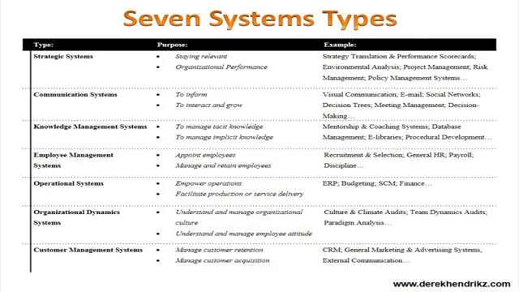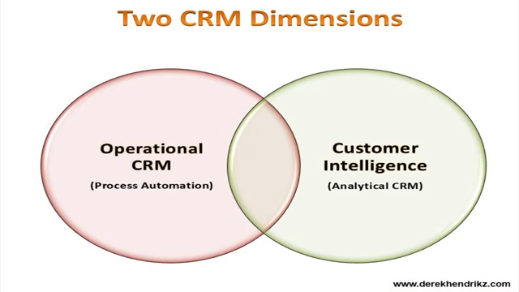So now that you see where CRM fits into the bigger picture of the organization, now we can go and look specifically at what a CRM system should entail. A CRM system basically has 2 dimensions. The one is operational and the other one is customer intelligence.